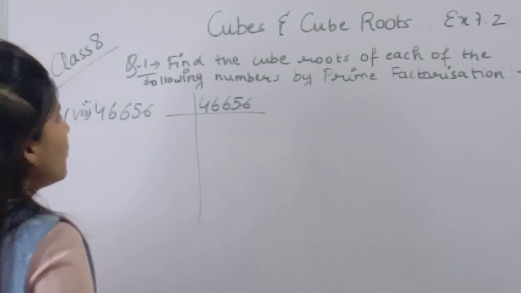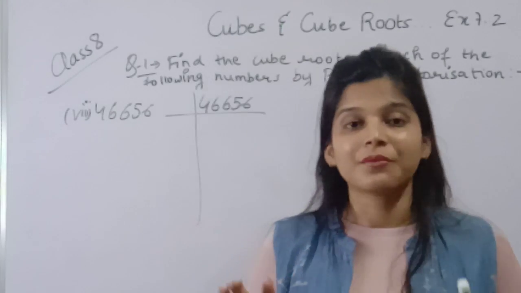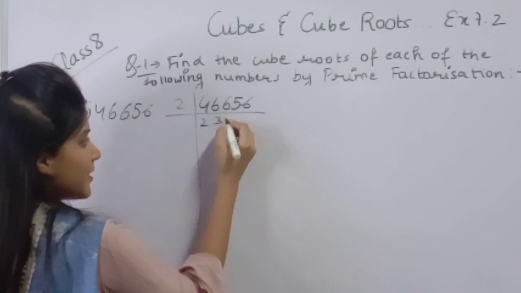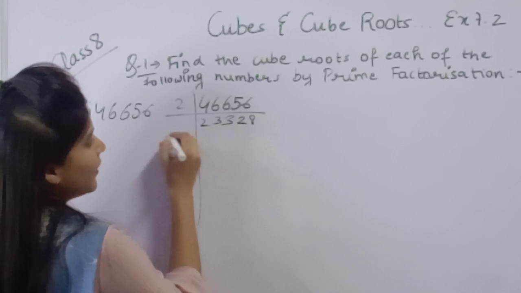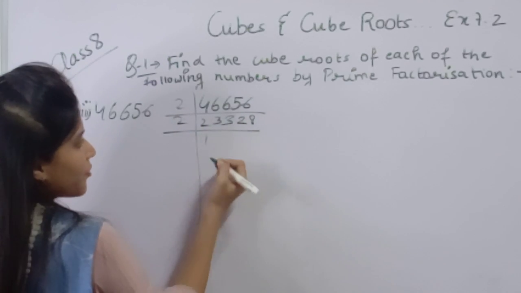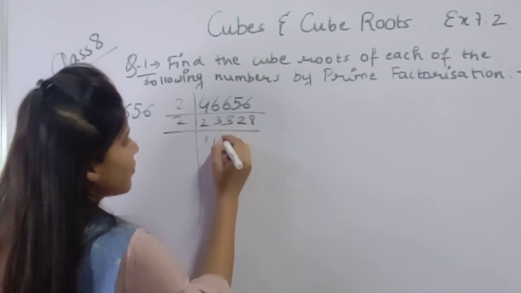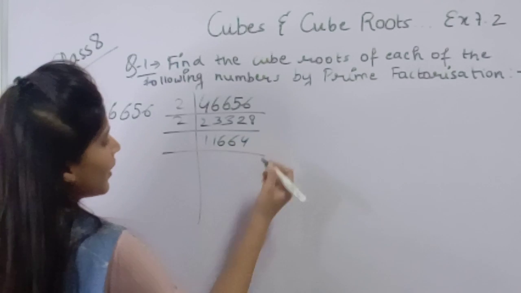Now we will prime factorize 46,656 and we will start with 2. So 2 2s are 4, 2 3s are 6, 2 3s are 6, 2 2s are 4, and 2 8s are 16. 2 1s are 2, 2 1s are 2 again, 2 6s are 12, 2 6s are 12, and 2 4s are 8.